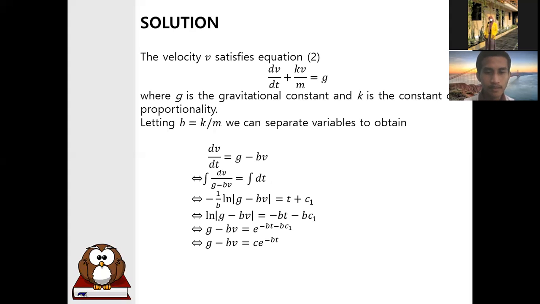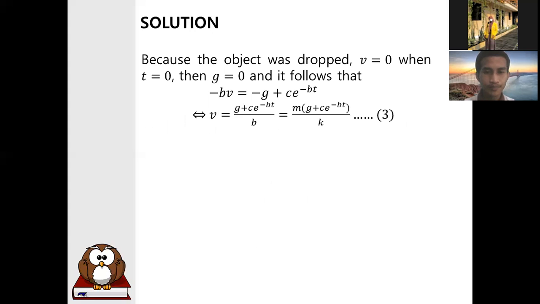And then we get g minus bv equal to the exponential of minus bt minus bc1. Since minus the exponential of minus bc1 is a constant, we get g minus bv equal to c times the exponential of minus bt.